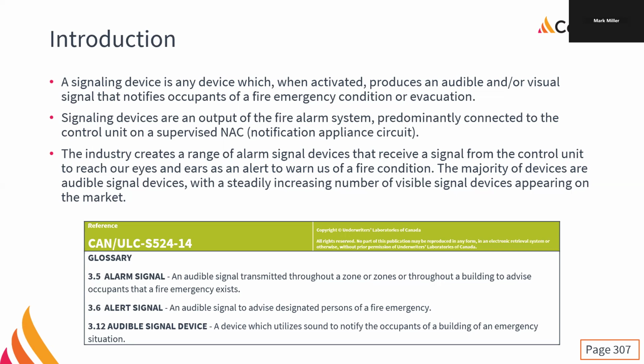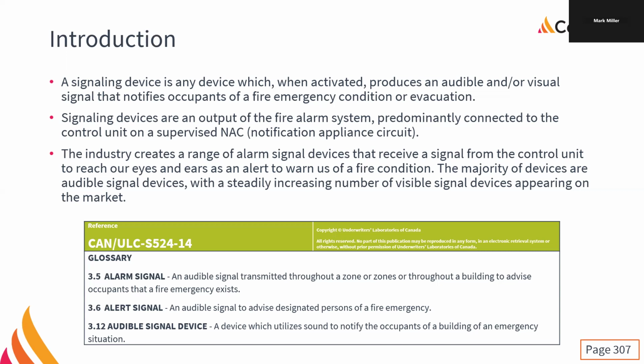Right? We have a huge range of alarm signal devices that can be used. A lot of the stuff has been tweaked from manufacturer to manufacturer, depending on what they're exactly looking for. But most of that really is stylistic at this point. They all function essentially the same. We have to remember that we have our two different types of signals.